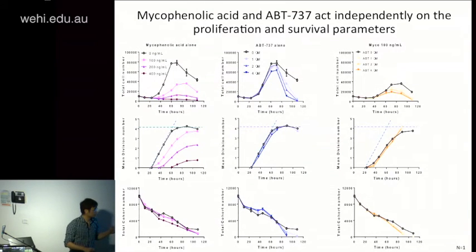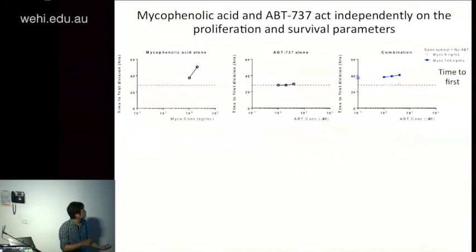And if we look at the effect on survival, you can see that survival seems to be only affected by ABT-737. If you enumerate these effects, this is the effect of mycophenolic acid on the times to first division, the effect of ABT-737 on the times to first division, and the effects in combination. You can see that the effects are independent.